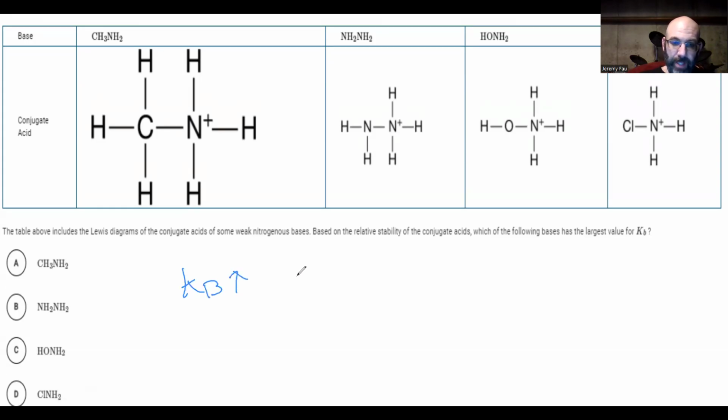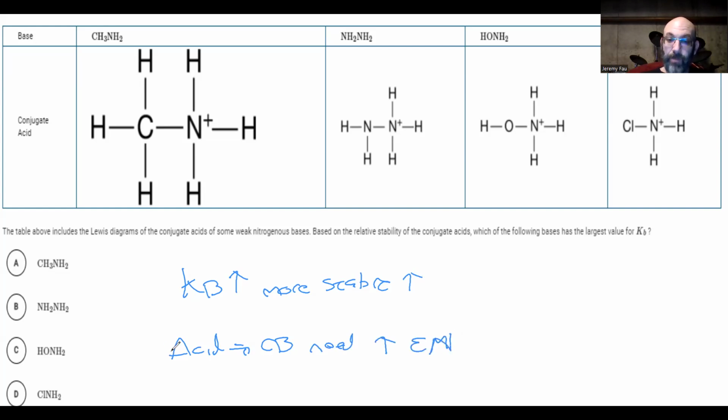Okay, so as Kb goes up, we're more stable. Now, when it was an acid, when you're an acid, you form a conjugate base. So you need to have high electronegativity. But we're not dealing with acids. It's opposite. It's a base.